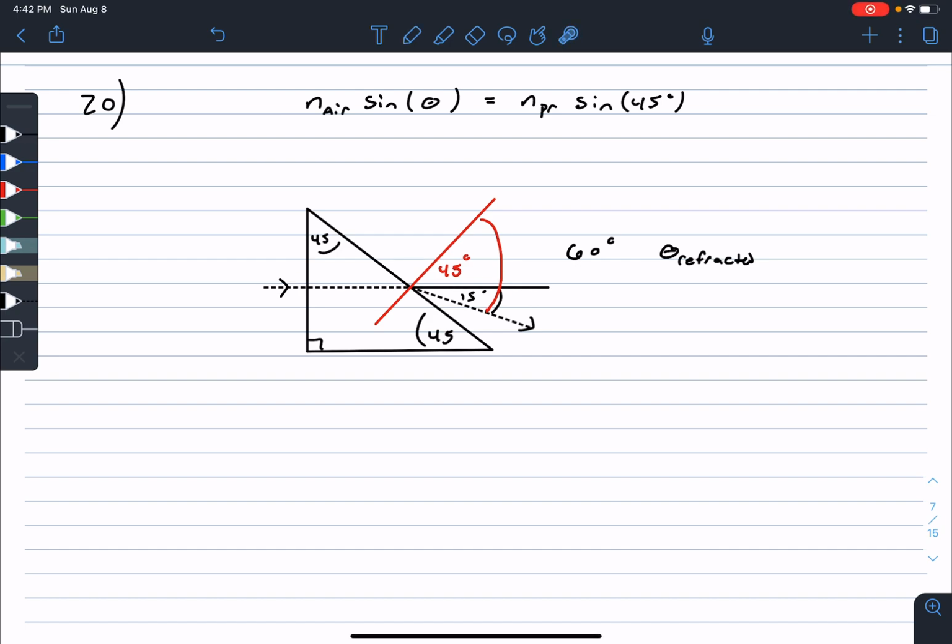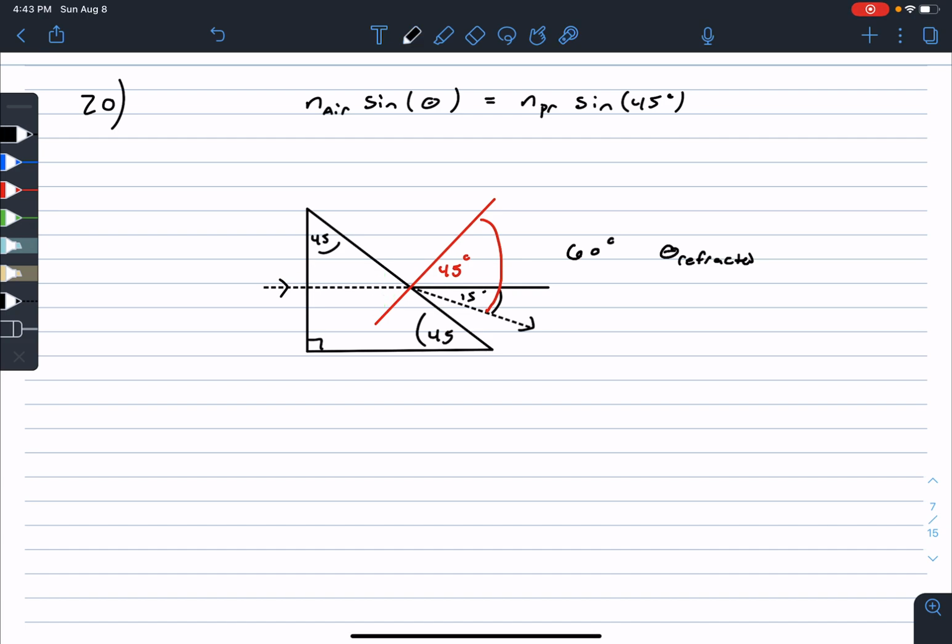And so, because this light beam is traveling through the prism and hits what we call, this is going to be our horizontal, and this is our normal, right? This hits here at 45 degrees, right? Yeah, this would be 45, this would also be 45.